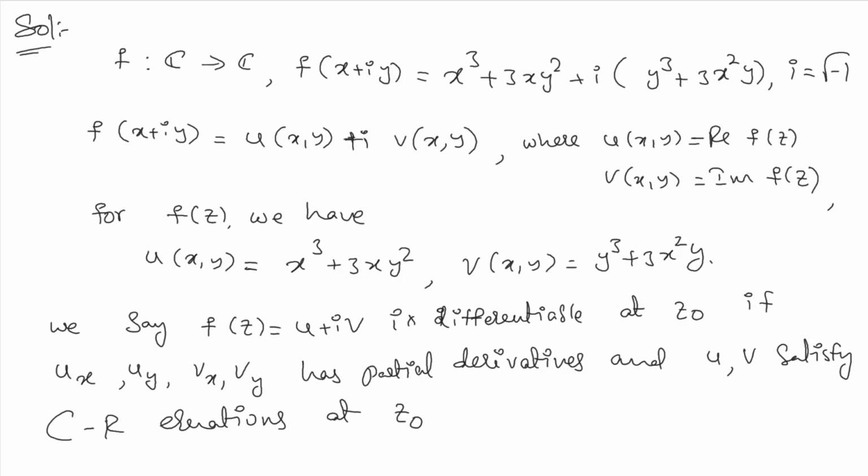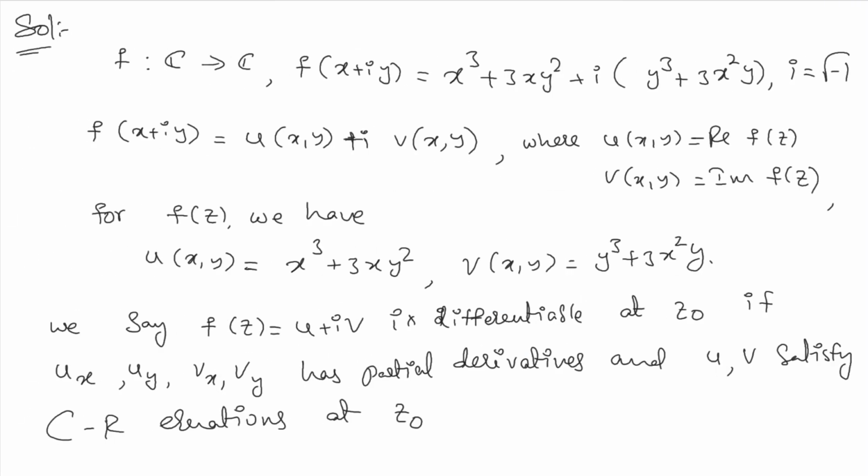Then we can say the function f of z is differentiable at z naught. Since we already have u and v for the given function, we will check whether ux, uy and vx, vy have partial derivatives, and whether those satisfy the Cauchy-Riemann equations or not.